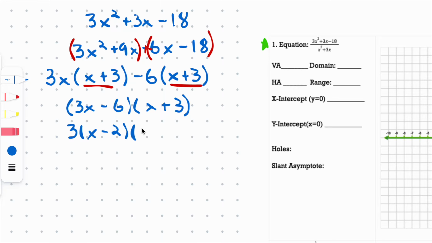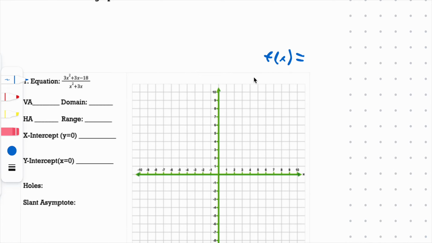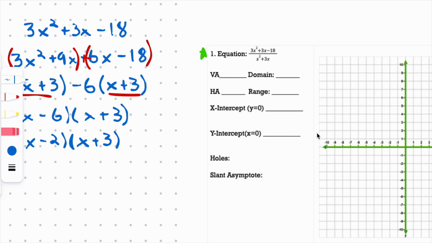But we end up at the same answer nevertheless. Okay, so let me just make sure. This is 3 times x minus 2, x plus 3. Okay, great. I believe that's right.